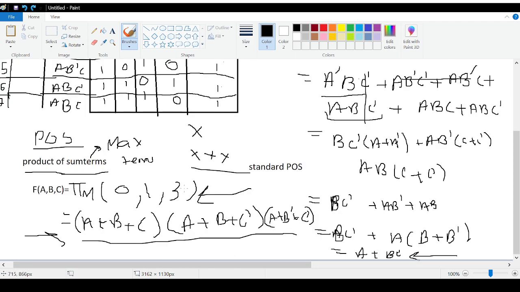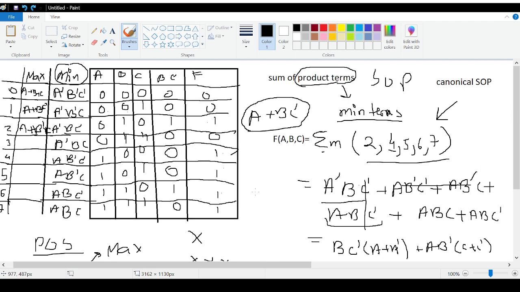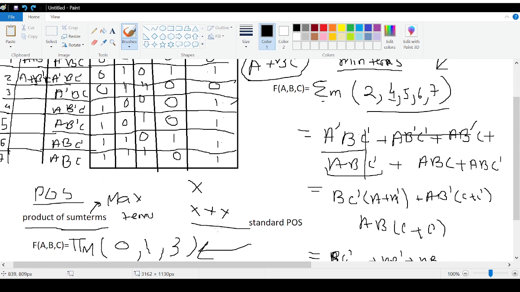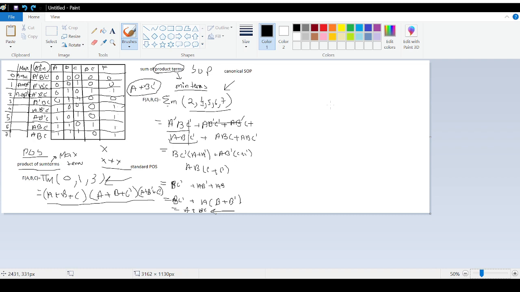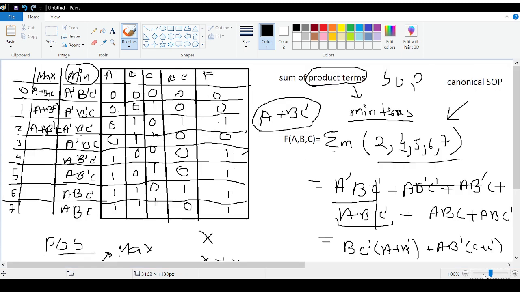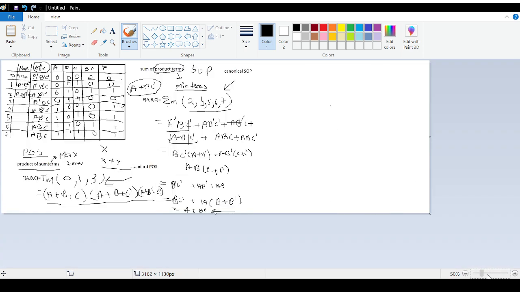So every equation can be written in two ways. It can either be written as SOP, or it can be written as POS.